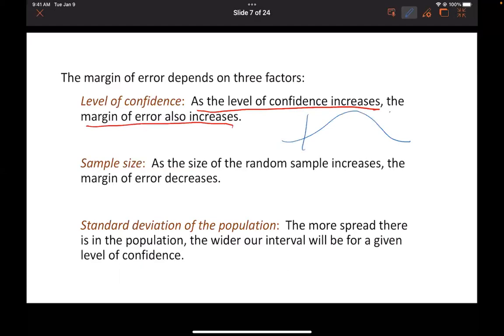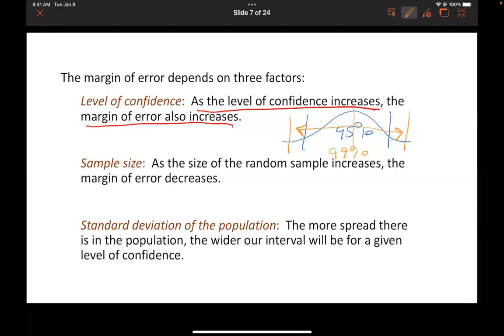So here's my 95% right here, and if I have a 99%, as you see, the distance from my p-hat is going to be larger, which means my margin of error is larger with the 99%. The orange is 99%, if that makes sense. So the interval within which the actual population proportion lands is going to be larger, the area that we cover.